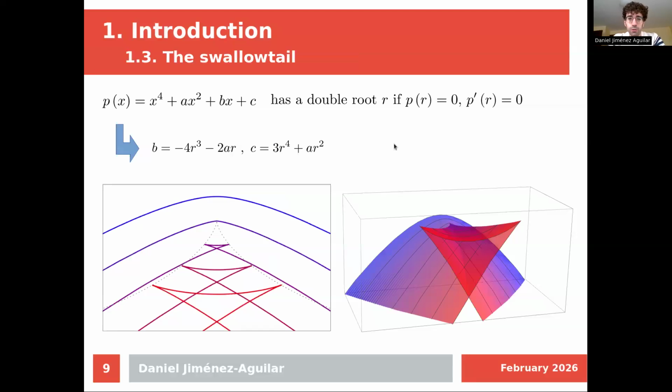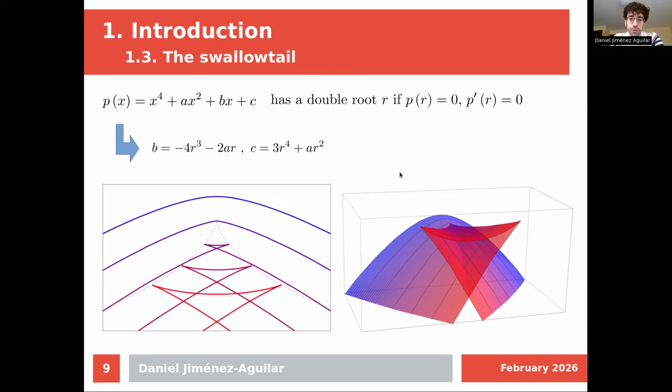Before I go on, I want to make a bit more precise the definition of the swallowtail. Consider this polynomial, which is labeled by these coefficients a, b, and c. This is said to have a double root r if both p of r and p prime of r vanish, in which case b and c can be parameterized in terms of a and r.